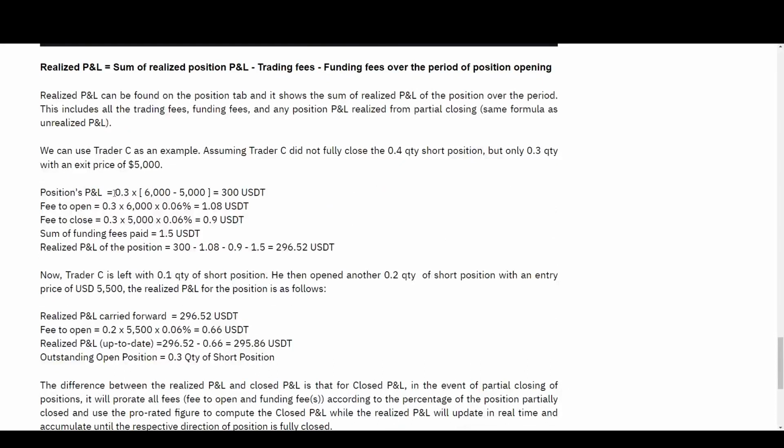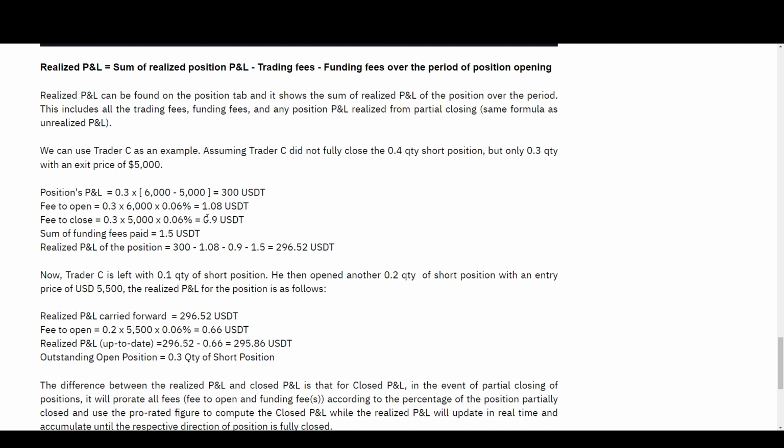Realized P&L. So it's your position times your entry times your exit for shorting. Then the fee to open is your quantity times your entry times this. And then to close, it's the quantity times your exit times this.